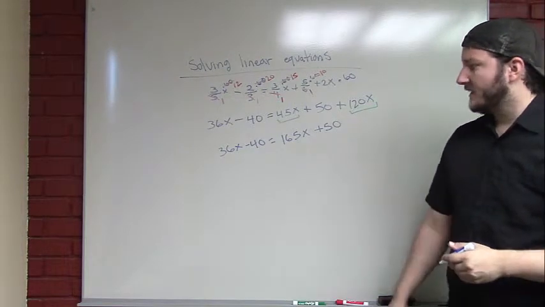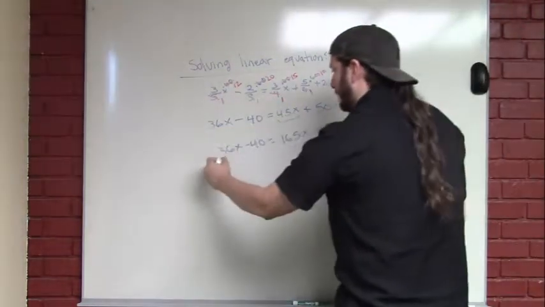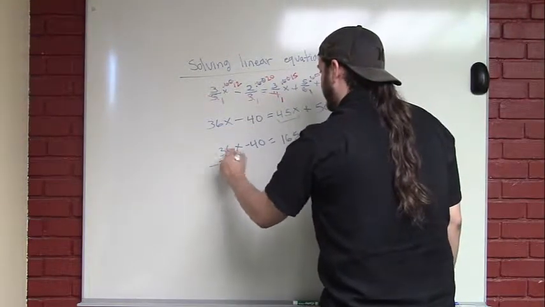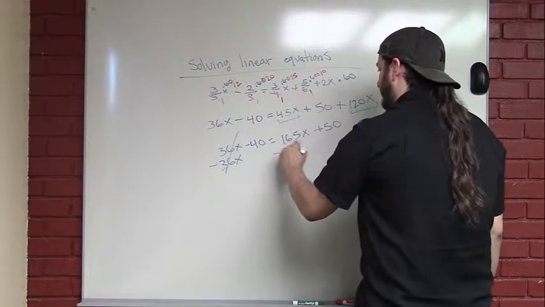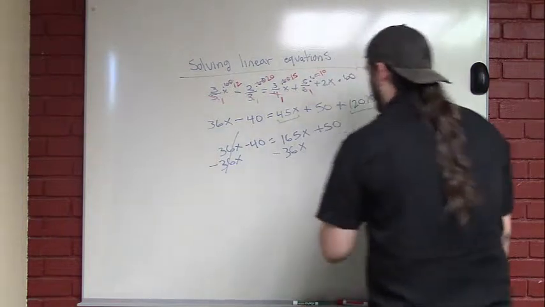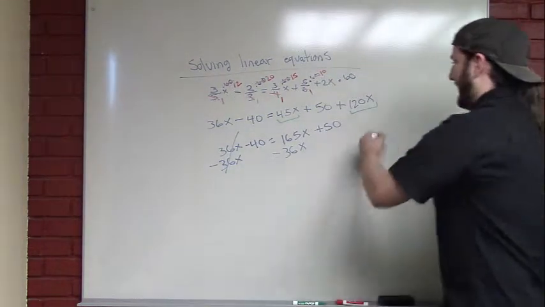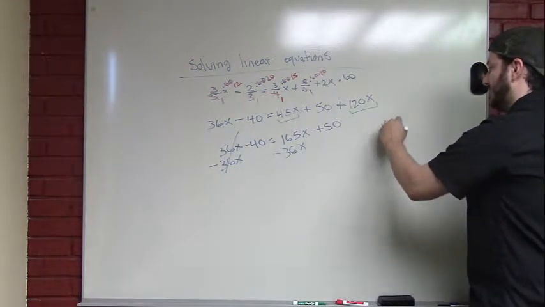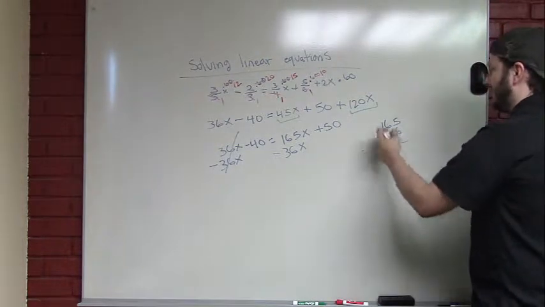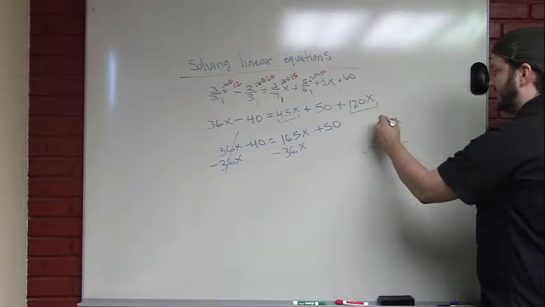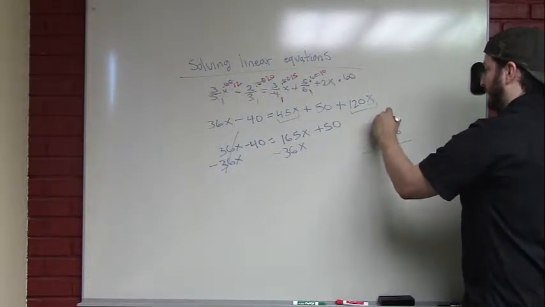Then we just start subtracting stuff. So we're going to subtract the smaller guy, just like you've seen before. So negative 36x, negative 36x here. So I'm just going to go off to the side and do that. So we have 165 minus 36. You're going to subtract that. So you can't subtract 5 from 6, so you got to borrow. That becomes a 5.